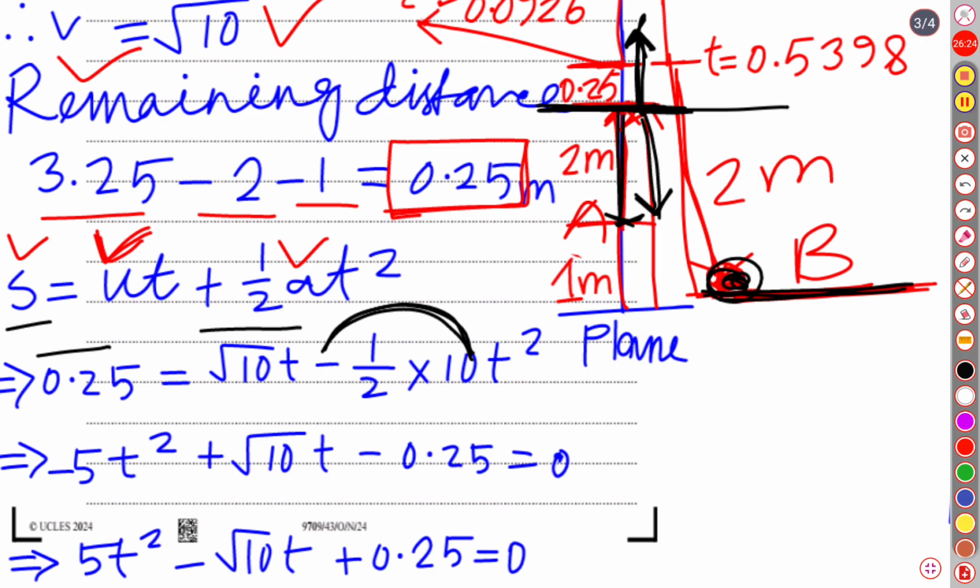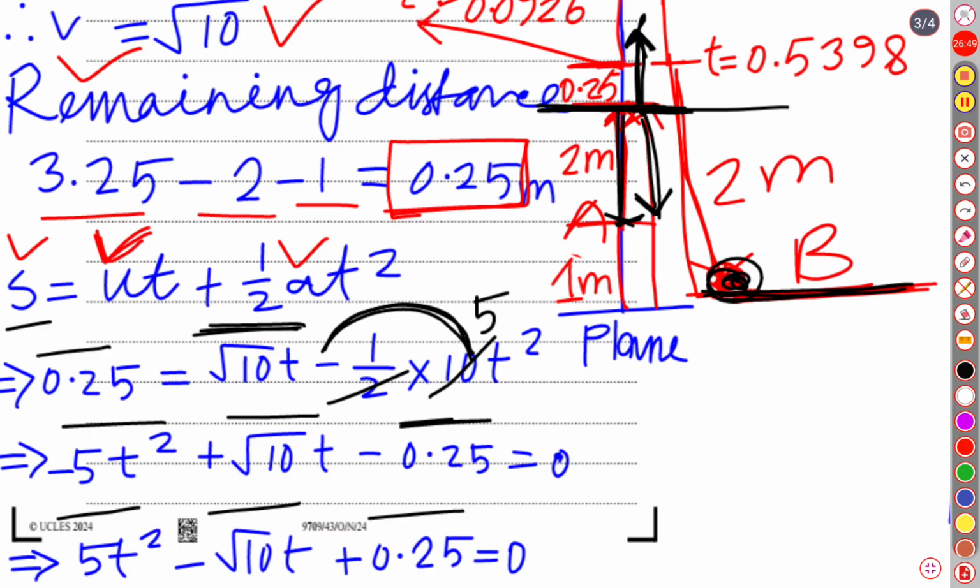Then it is negative 5t squared, since 2 divides this 10, it becomes 5. So 5t, negative 5t squared, then plus the square root of 10. If 0.25 is shifted to the other side, it becomes negative 0.25. Then simplifying the signs, we get 5t squared minus the square root of 10 t plus 0.25.